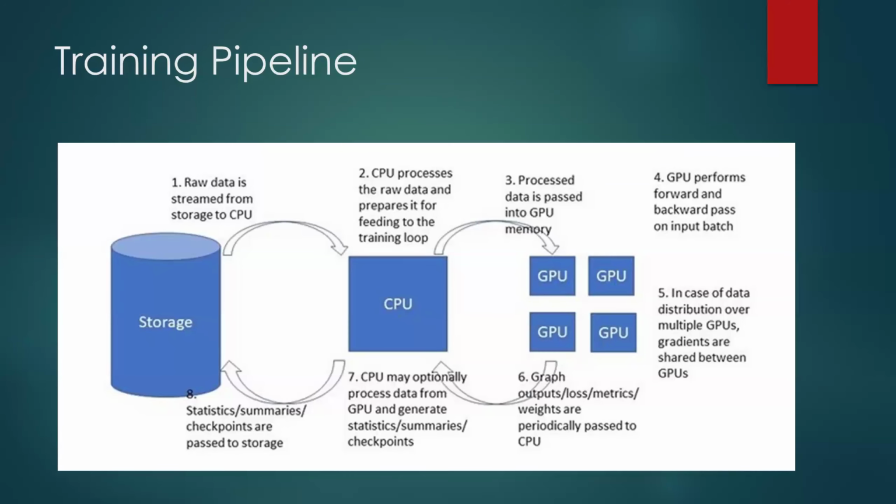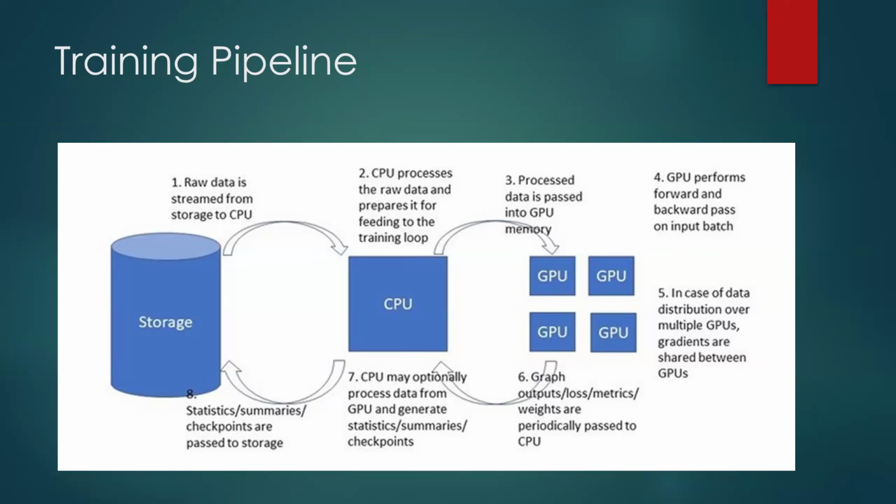This slide shows a typical training step and explains why AI model performance optimization can be complicated. A typical training step requires streaming data from storage to CPU, pre-processing the training data on the CPU and preparing it for the GPU, copying the training data from the CPU to the GPU, running a forward and backward pass on the GPU, communication of gradients and/or other data across multiple GPUs, passing information back to the CPU, which is often processed and sometimes saved back to storage.